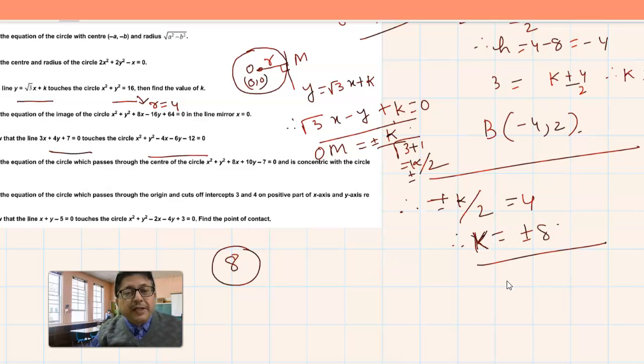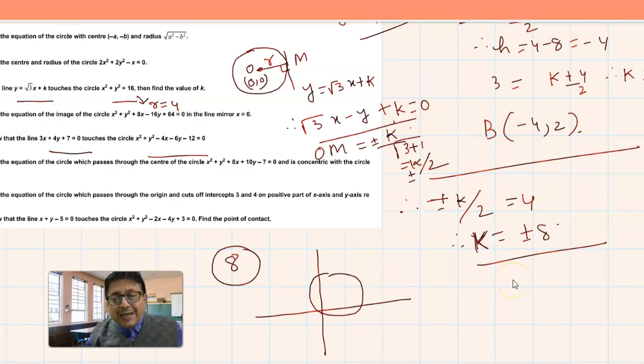Number 8. Find the equation of circle passing through the origin, cutting both the axes, isn't it? Passes through the origin, cuts off intercepts 3 and 4.